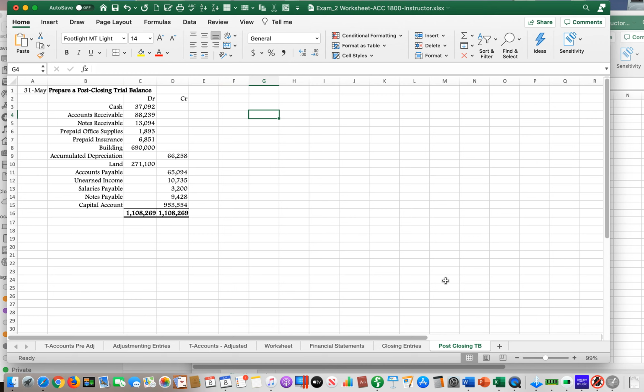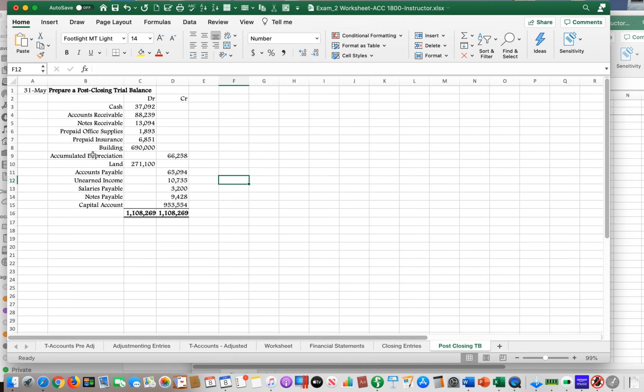And notice this. These are all the accounts on the balance sheet. You have your debit here and your credit there. You must balance. Notice, even though these are all the accounts on the balance sheet, this is not a balance sheet. It's not constructed like a balance sheet. You have your debit accounts and you have your credit accounts.